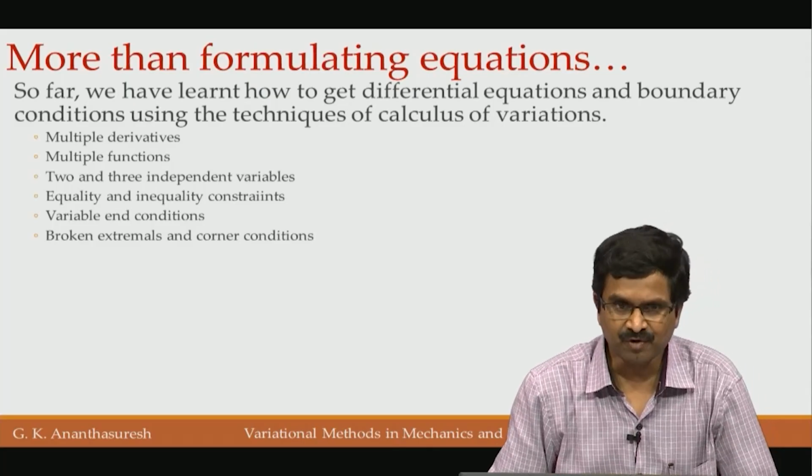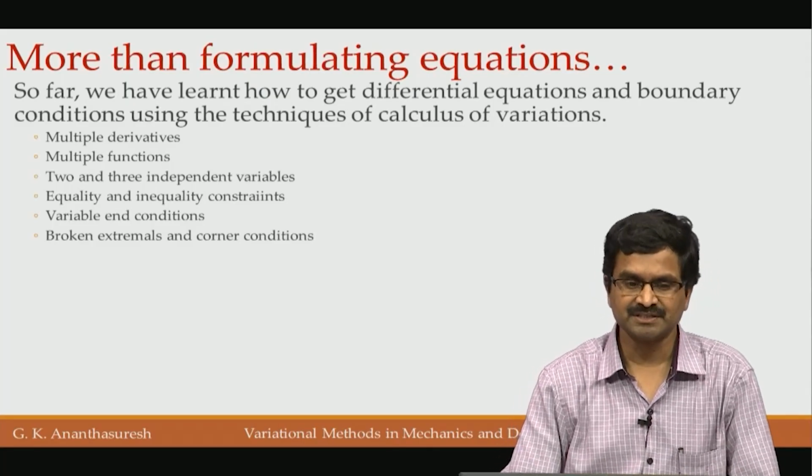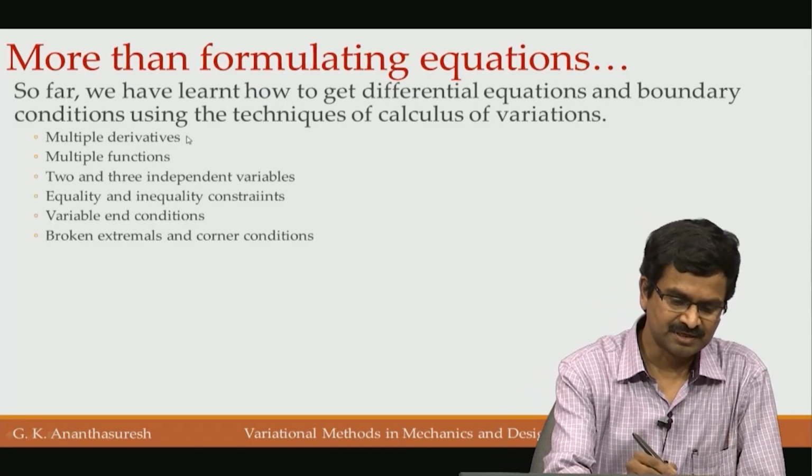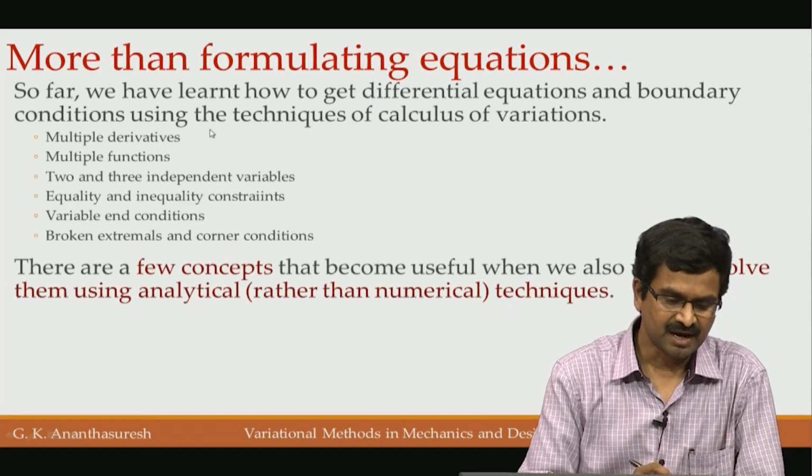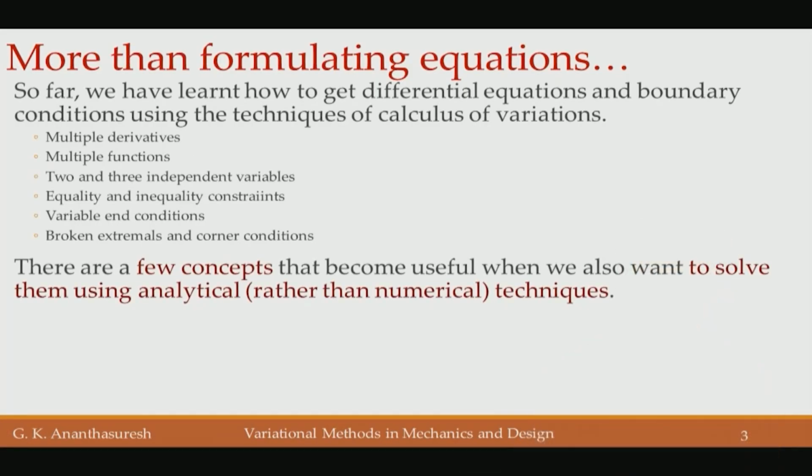Just to recap what we have discussed in calculus of variations: multiple derivatives and multiple functions, 2 and 3 independent variables, equality and inequality constraints, variable end conditions, and at the end we also discussed broken extremals, so-called Weierstrass-Erdmann corner conditions.